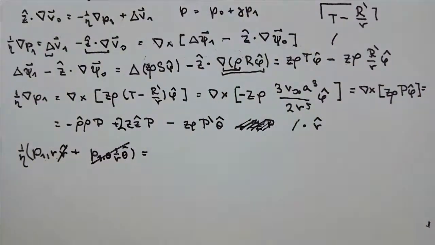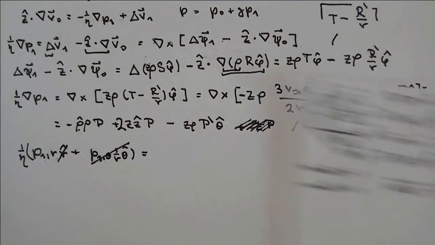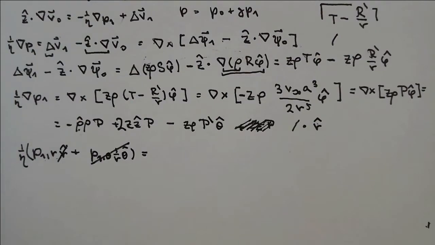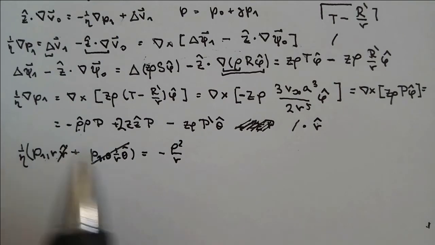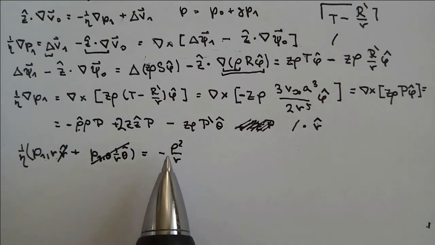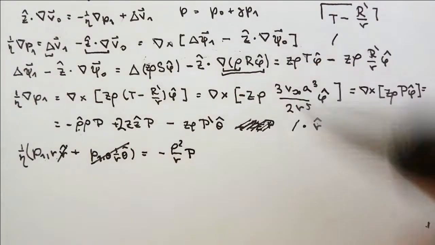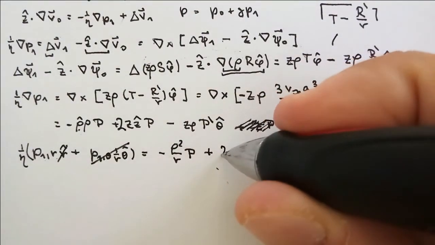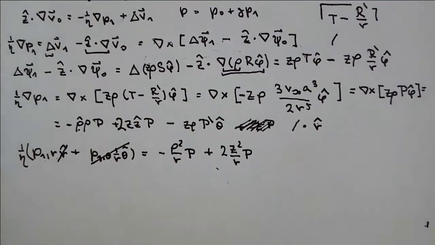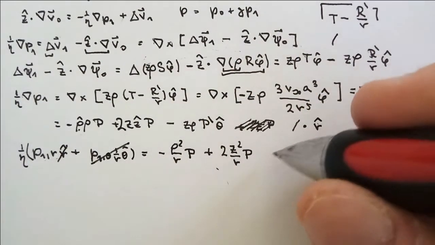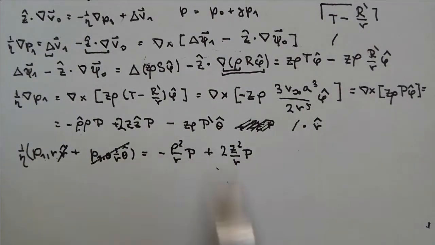So this is not R hat, so we will get R hat times rho hat is rho over R. So this is going to be minus rho squared over R times P, plus 2 z squared over R times P, and this is minus 0 because rho hat dot this is 0, so this is the expression for this.